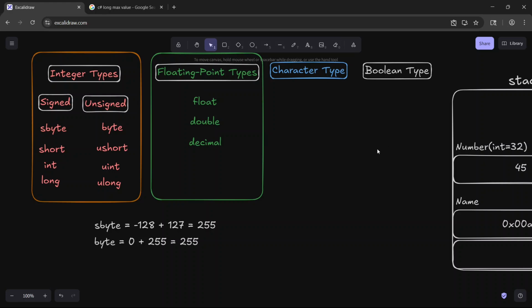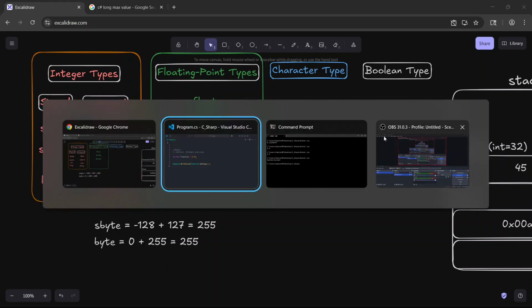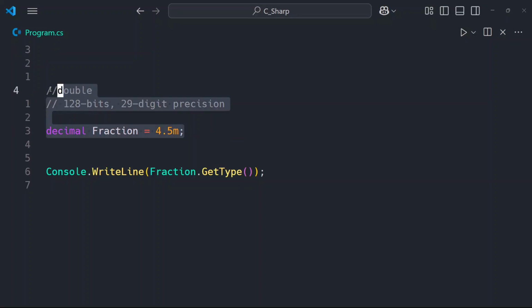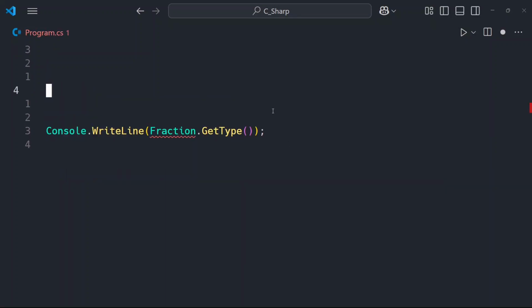Let's delete this. Let's talk about the third primitive type in C#, which is character types, commonly known as char.